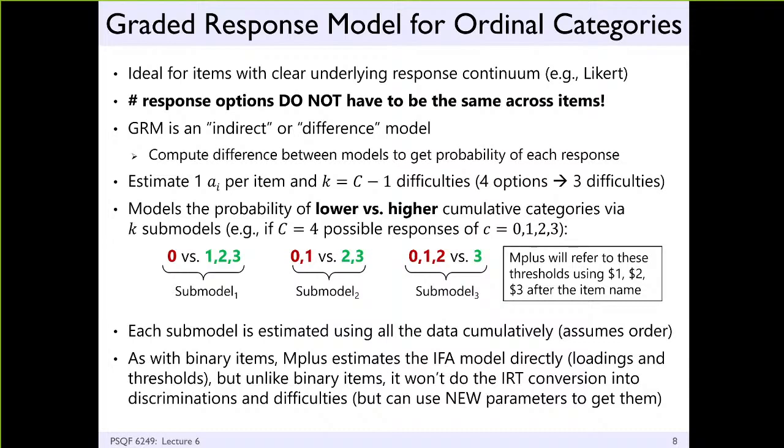But within an item, the submodels that fully describe the 4 possible responses share an A. So each item gets an A. Within an item, the submodels share the same A. So the slope is the same regardless of what you're predicting, whether you're predicting 1 or higher, 2 or higher, or 3. That's what the model says.